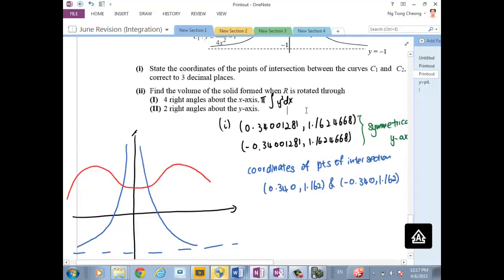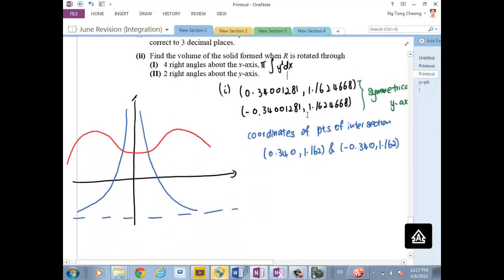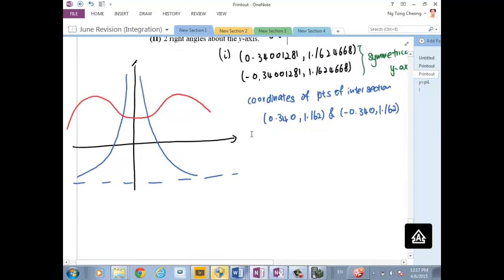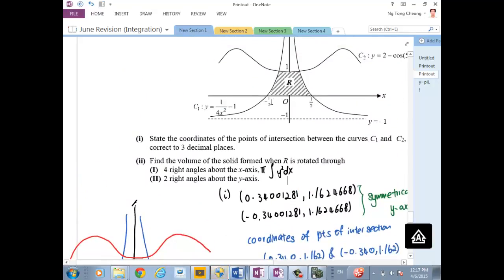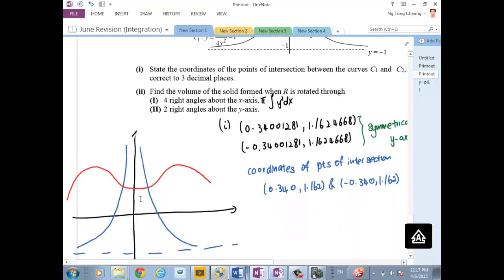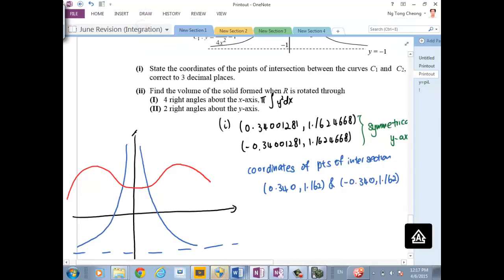Now, first, do you agree that this whole region R is going to split into my R1 and R2, correct? I'm going to split this into R1 and R2.